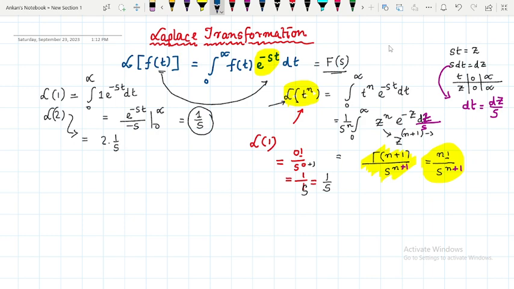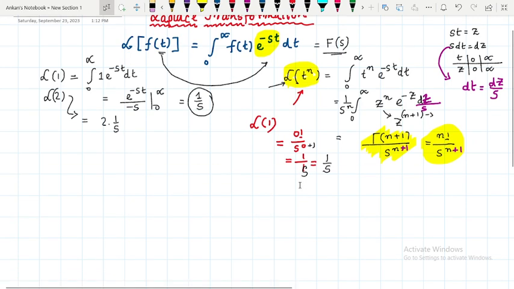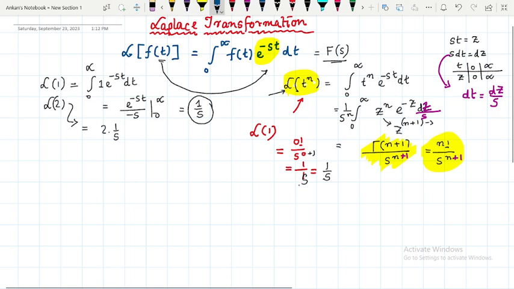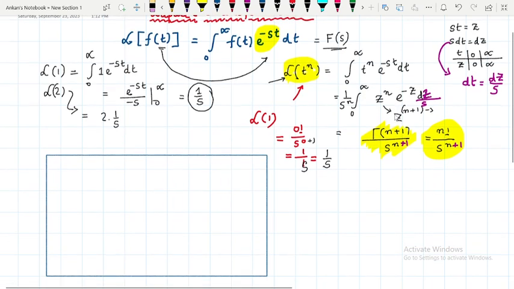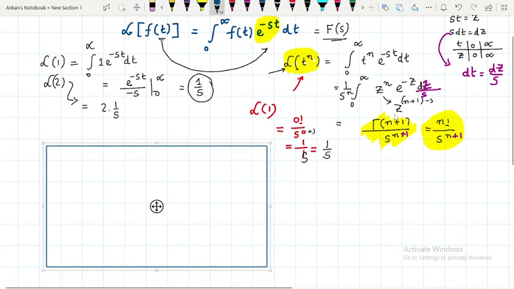So I must go into the tabular form, and you can check with the help of this definition whether these formulas are true or not. So let us use a tabulated form. This is nothing more difficult.